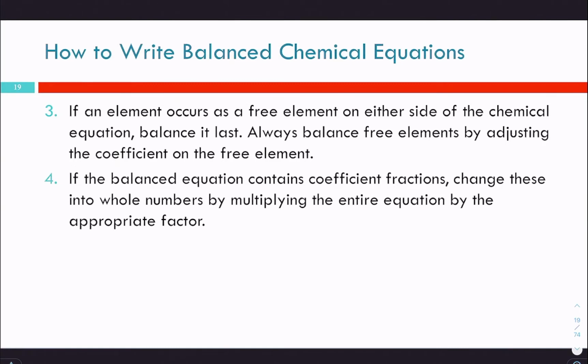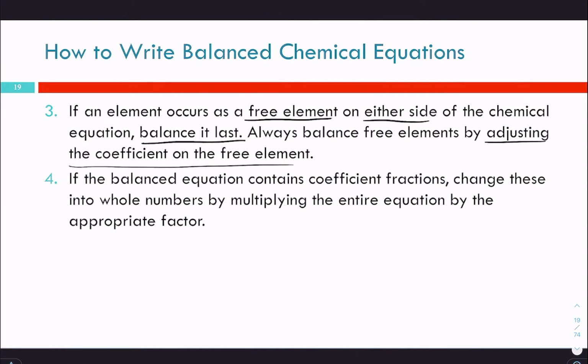Then if an element occurs as a free element on either side of the chemical equation, balance it last. So free elements on either side, balance it last. And you always balance free elements by adjusting the coefficient on the free element.